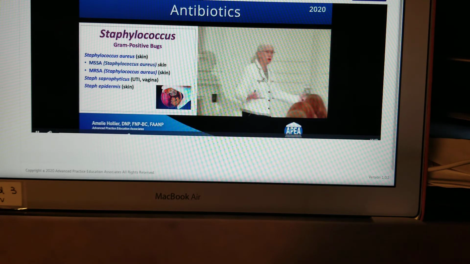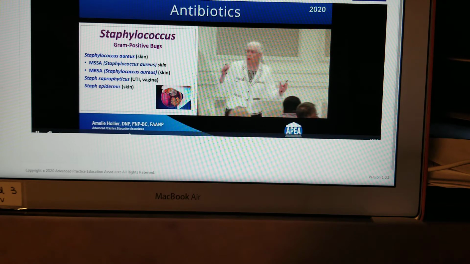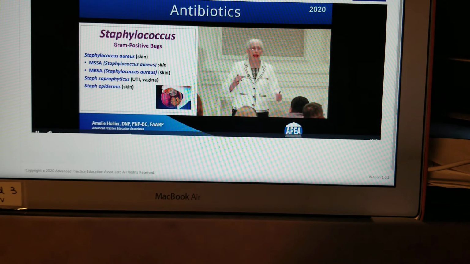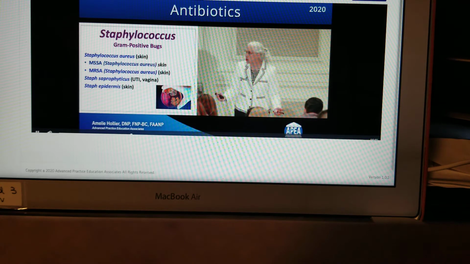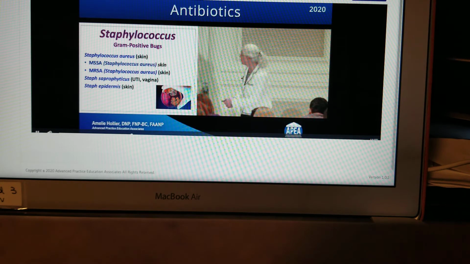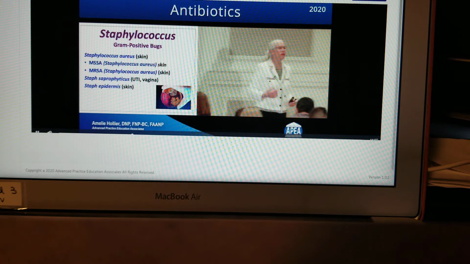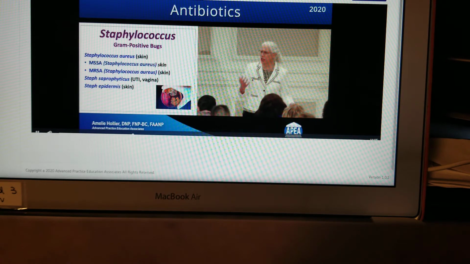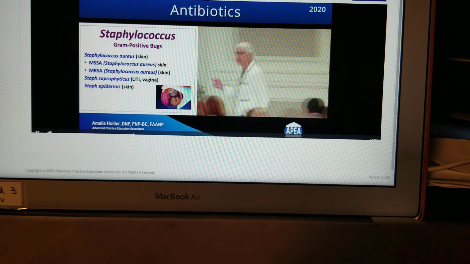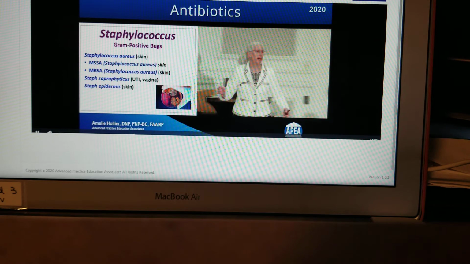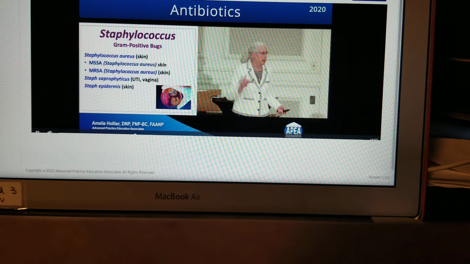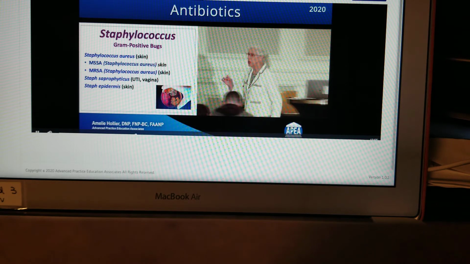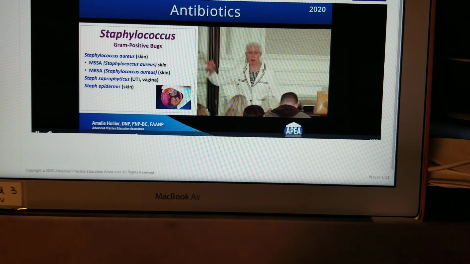The run-of-the-mill Staph aureus that you know, it's probably on your skin right now, probably on mine, is methicillin-sensitive Staph aureus. So when you think of staph, I want you to think of it mostly as a skin bug because staph is on your skin. Staph saprophyticus is a staph organism, and it's unusual. It's unusual because it's in the urinary tract and in the vagina, especially in women who have multiple sexual partners.